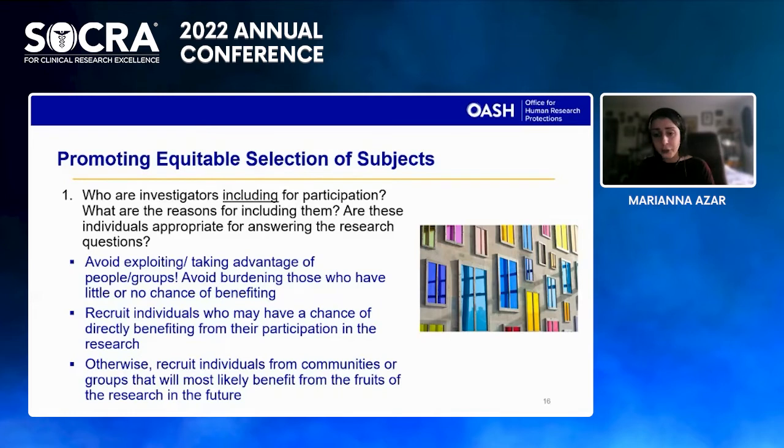To put a positive framing on this, we can ask if the inclusion criteria is the result of thoughtful consideration, such as this is the population that has a high load of this condition that I am studying. And so, if not the immediate subjects, then at least their communities might stand to benefit in the long run from the research that I am proposing to conduct.